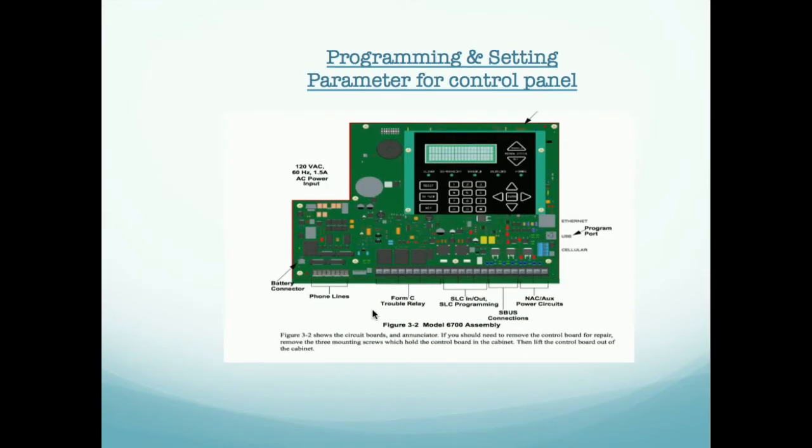Programming and setting parameters for the control panel. Before we get into setting and programming the parameters of the control panel, we're going to identify key components. First, for the control panel, we have inputs for the select line circuits. We have inputs for the notification circuits.